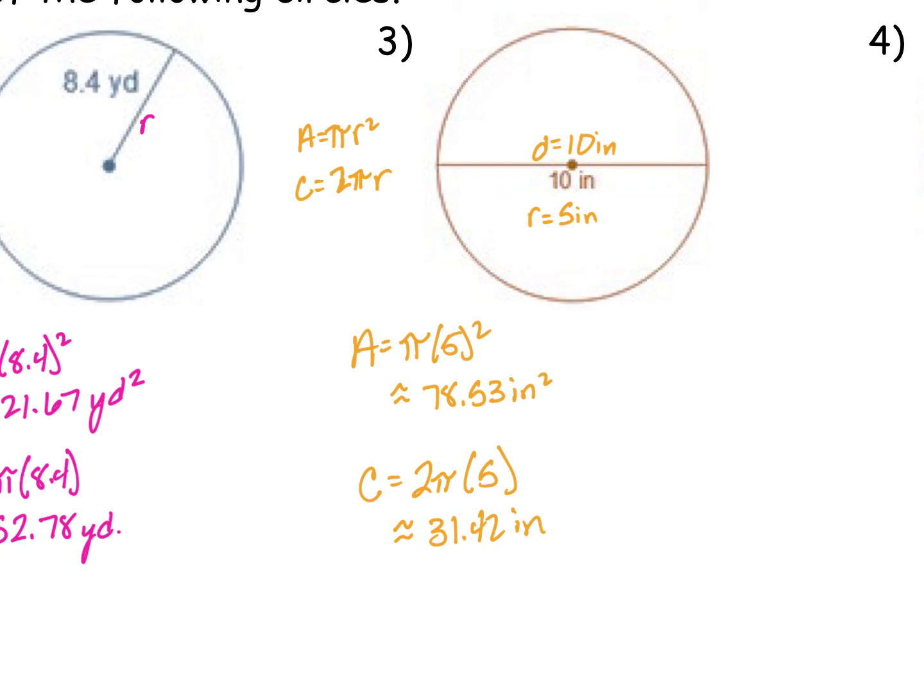Go ahead. I'm trying to figure out how to multiply the pi with the 5 squared. In your calculator, you should have a square button, right? Or you could do 5 times 5. It doesn't matter. 5 squared is 5 times 5. Do you have a square button?